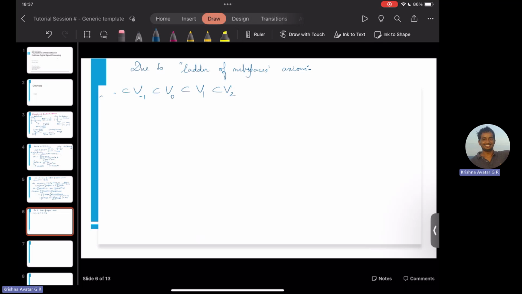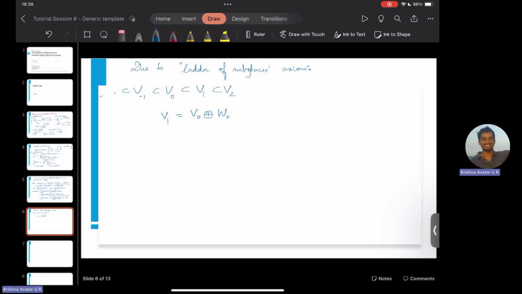Since V0 is a subspace of V1, if we have V1, then it should contain V0, since all of V0 is contained in V1, but there is another subspace which is orthogonal to V0, and that we call W0.